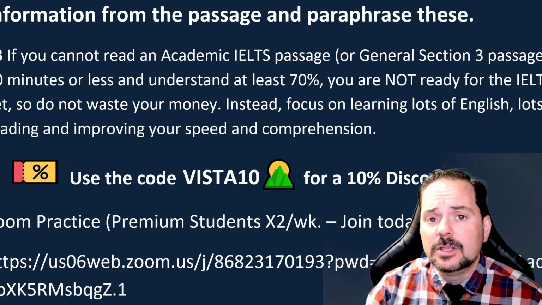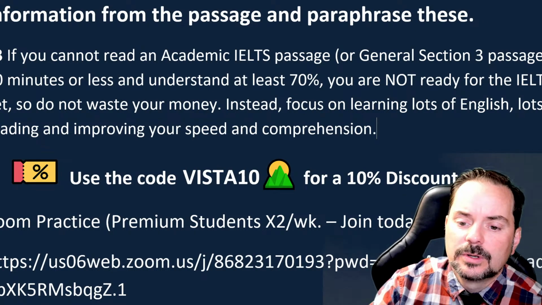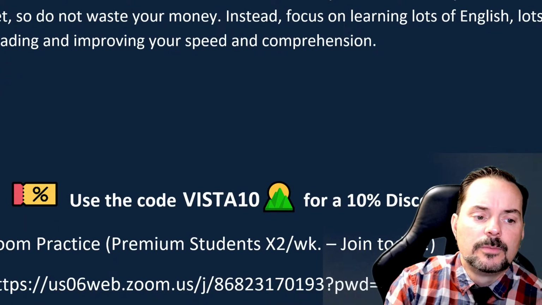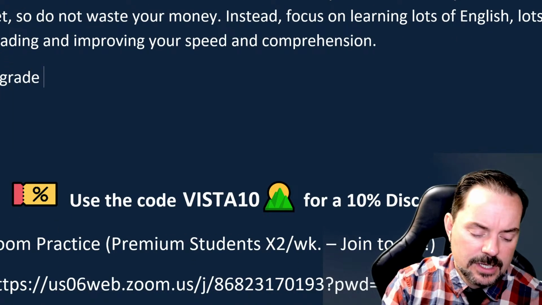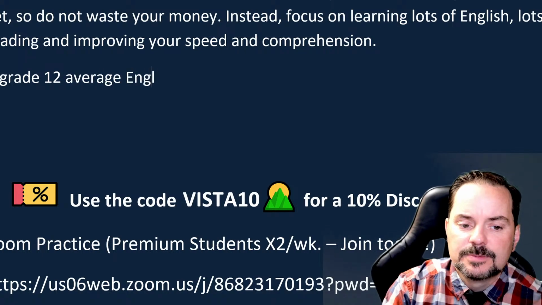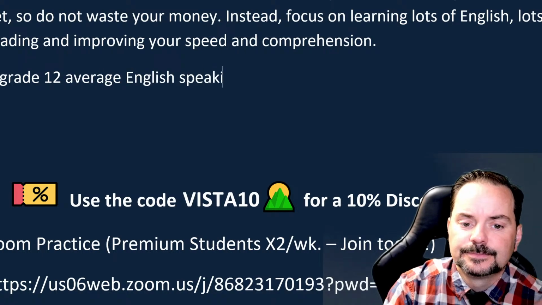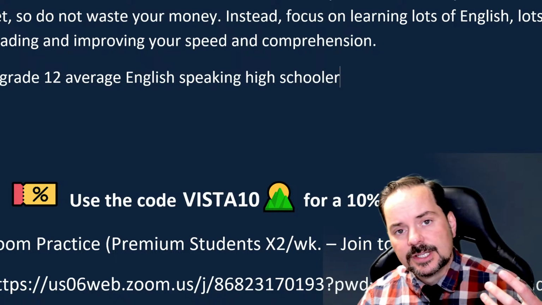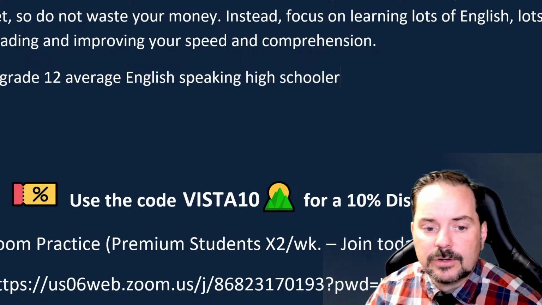All right. Now, it doesn't mean you have to. So to give you, so somebody's saying, well, what's an average, right? So a grade 12 average English speaking high schooler. Obviously, I'm using the high schooler as the example because they're also getting ready for university.